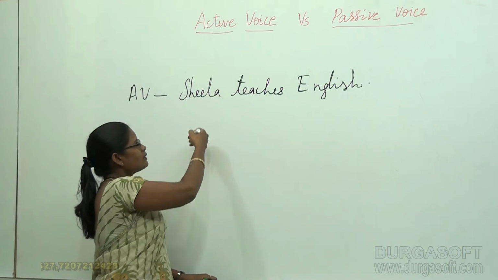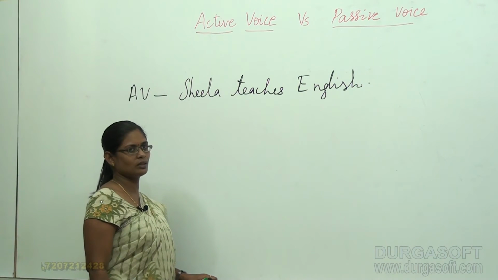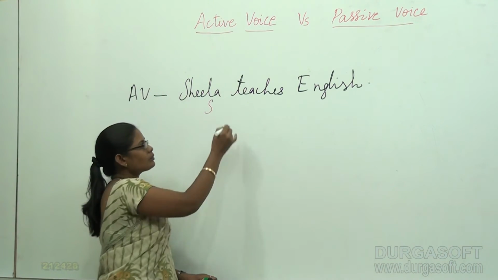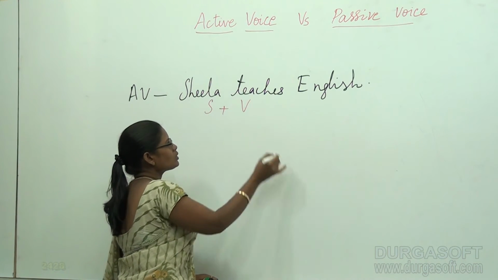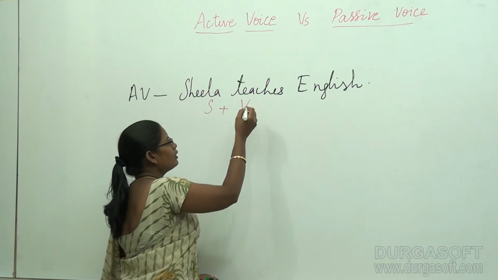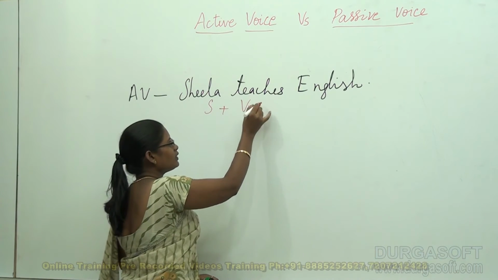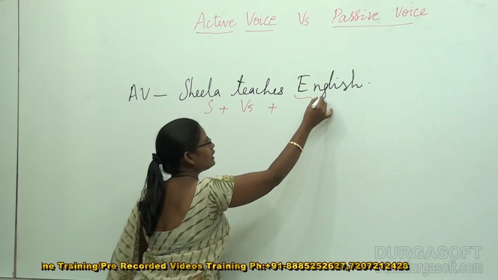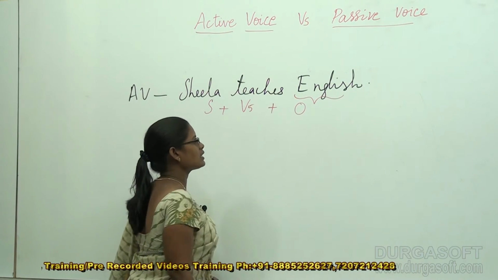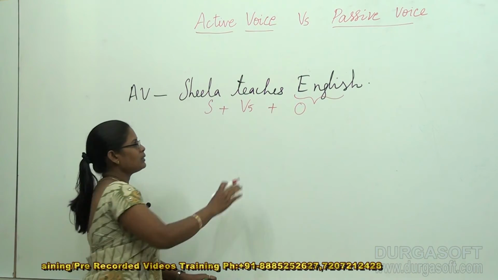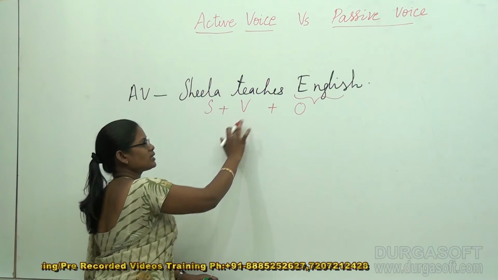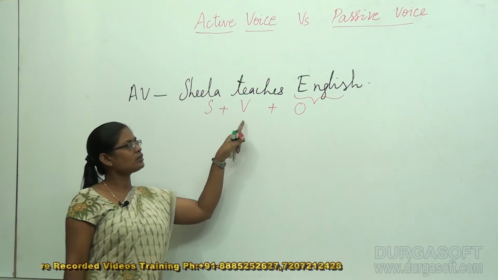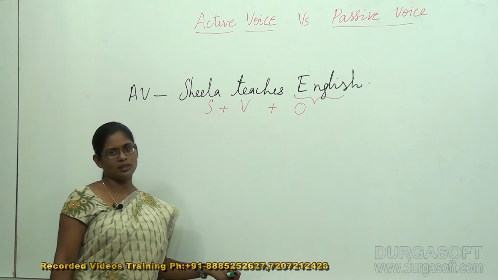So when you split this sentence according to the structure, Sheila goes to the subject part and teaches goes to the verb part, V5 or V1 or something, and English I am taking as an object. That means forget about the forms of verbs here. In general I am considering it as subject, verb and object.